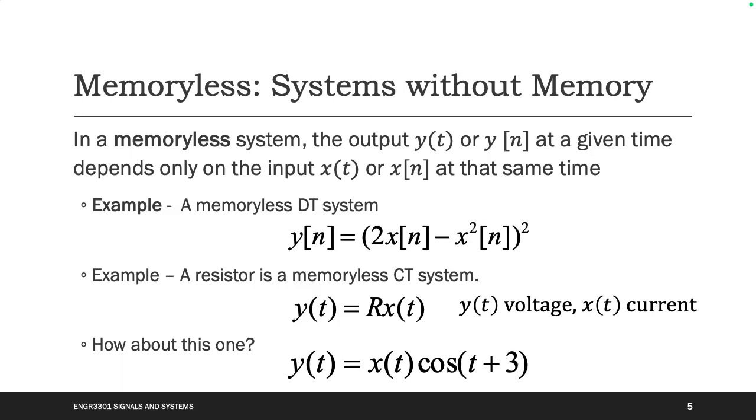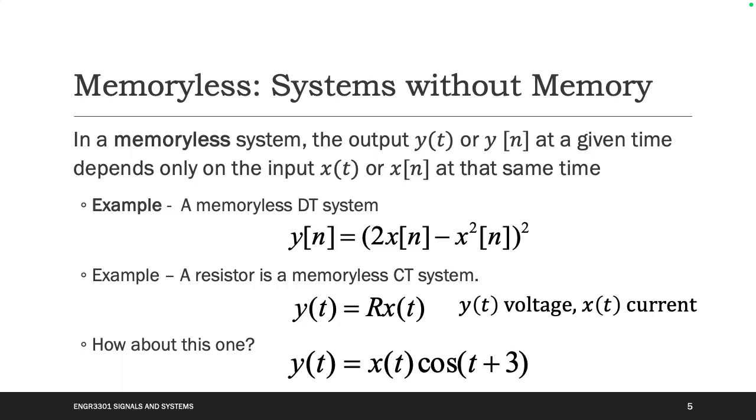The second one is invertibility, invertible system or non-invertible system. The third one is causal or non-causal. Let's review memoryless. What is memoryless? It only depends on the present. Otherwise it is non-memoryless.